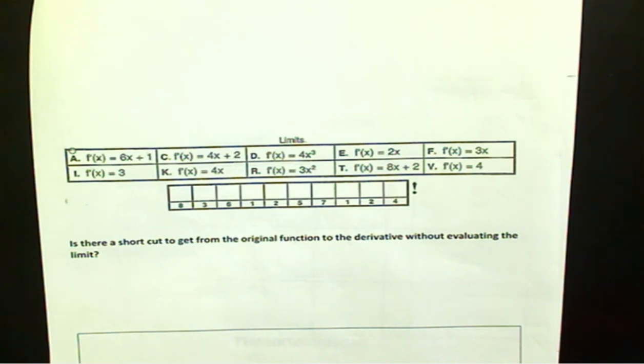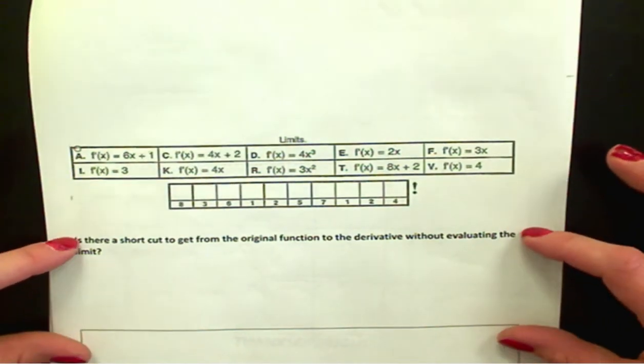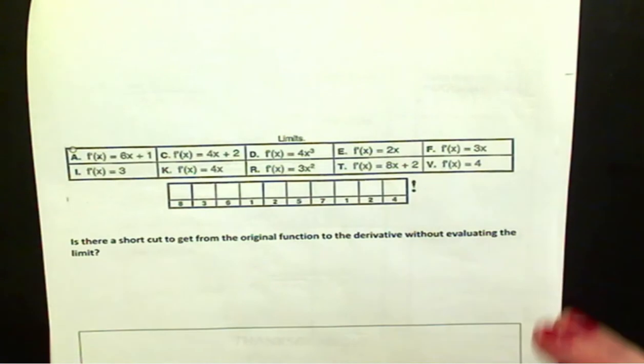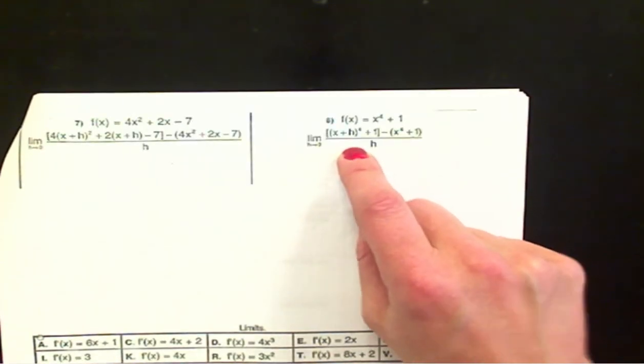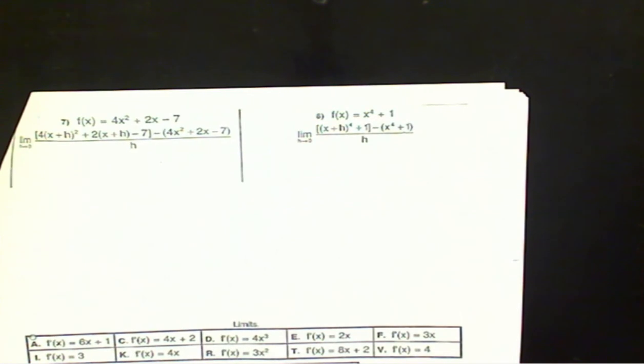Okay, but I told you get to say goodbye to limits. You don't actually need limits after we learn the pattern. Now, why do I say that? How many of you want to do x plus h to the 4th power? Yeah, it's like, I could do it, but it would take a while. A lot of multiplying. After about power 2, it becomes a little tedious to do this limit statement. Like, we did it.